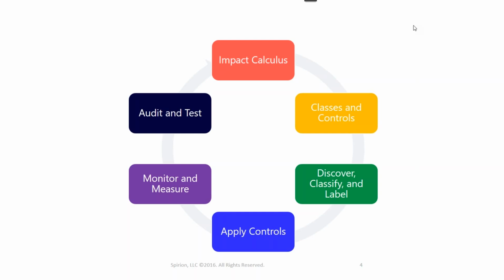And so with that, I'd like to talk about this data classification model or system, if you will. I'm just going to review these very briefly before we dive right into it. Six parts. First is the impact calculus: what's the scope of the risk? As you might imagine, privacy and security controls are now really required to be risk adjusted.